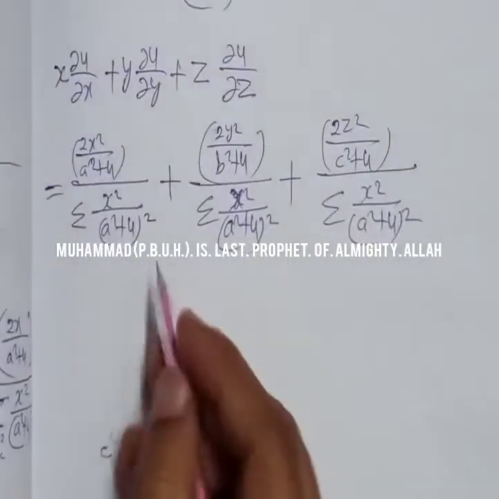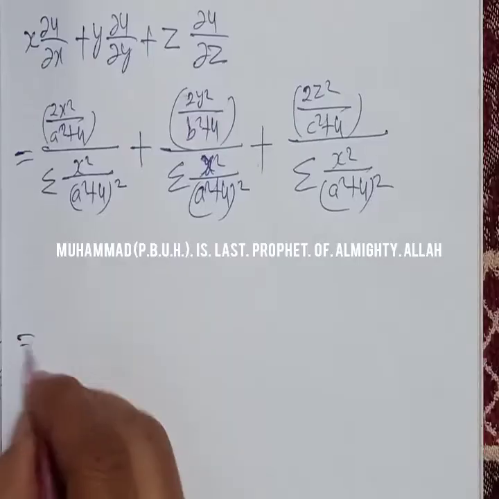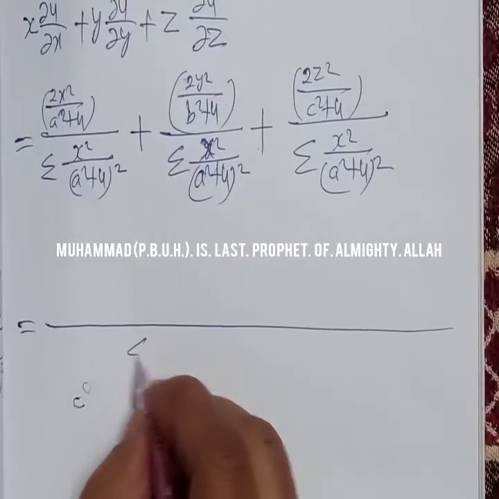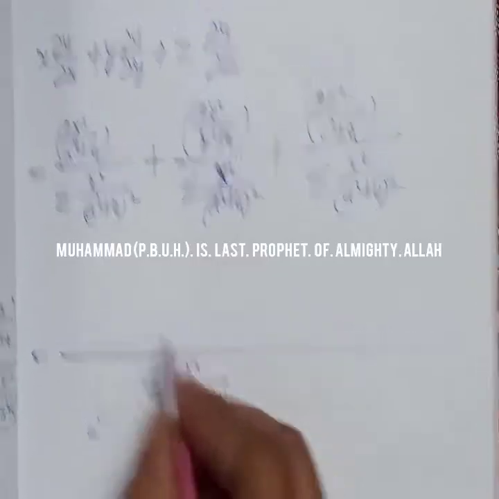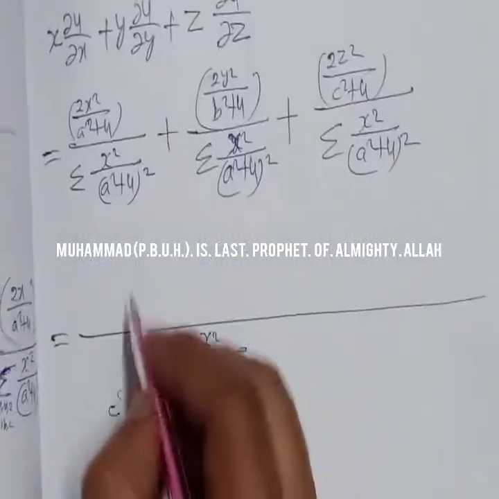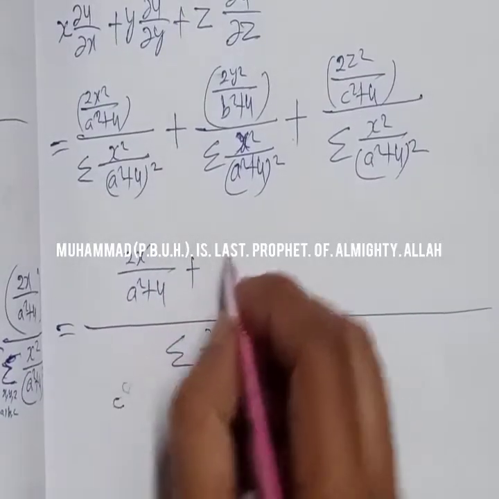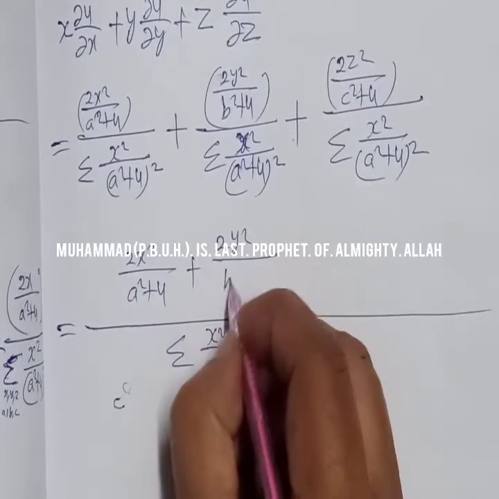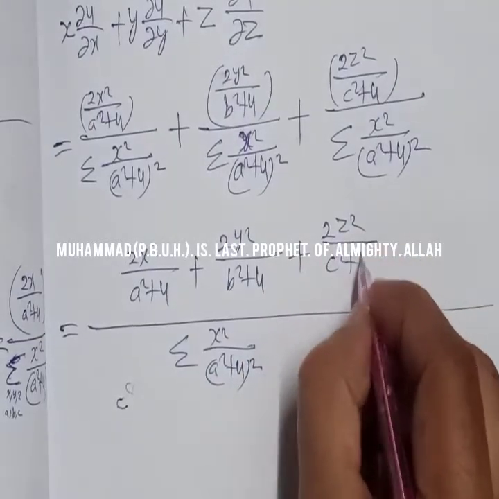Here we are seeing these values are the same, which is in the denominator. So I write it only one time, sigma x square upon a square plus u whole of square, and all these values will sum: 2x square upon a square plus u plus 2 times y square upon b square plus u plus 2 times z square upon c square plus u.